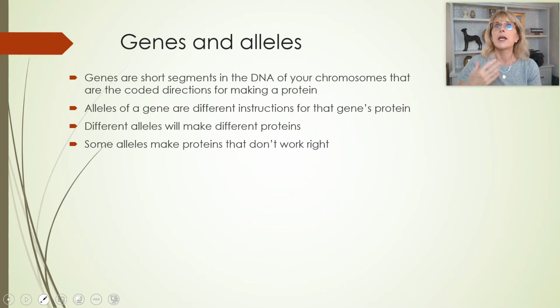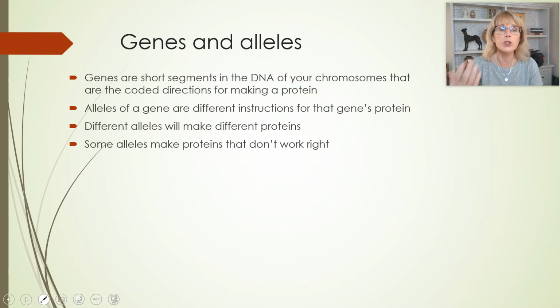Ultimately, evolution is the change in the frequency of alleles over time. Sounds much more boring than what everyone argues about, but it actually is the real science of what's going on with this thing we call evolution. So we all have genes for different things, like we all have genes for arms, but your allele might make your arms longer and my allele might make my arms shorter, okay?